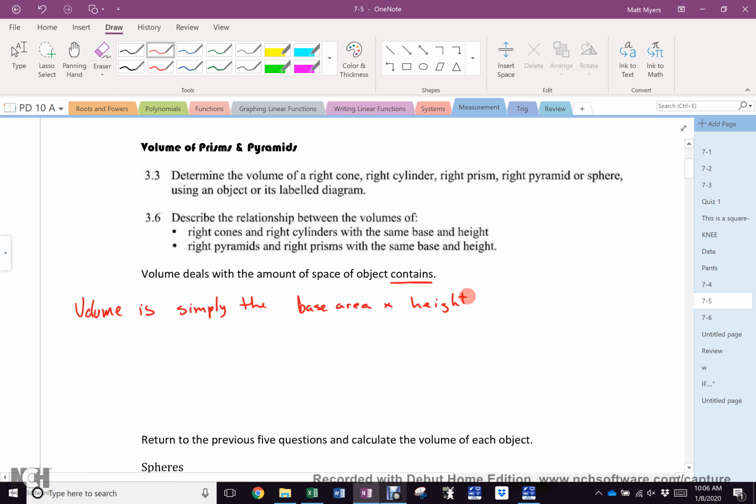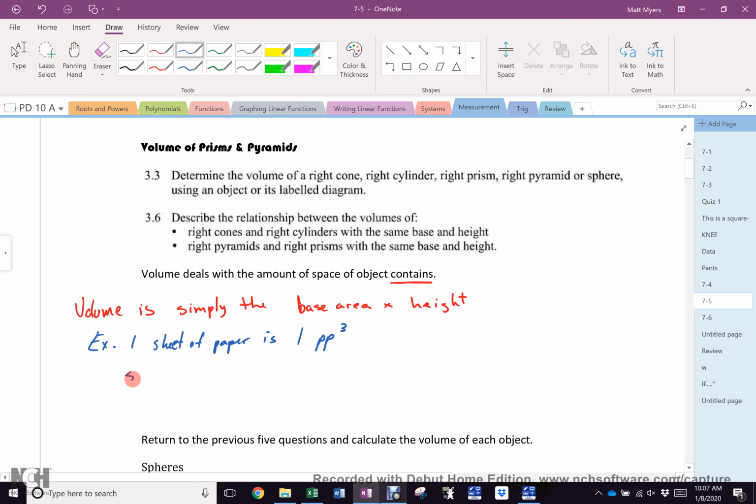Now, this is where it gets weird. All right? So, the example I'll use is the example I just did. One sheet of paper is one pp cubed, right? Piece of paper cubed. That's its volume, yes?